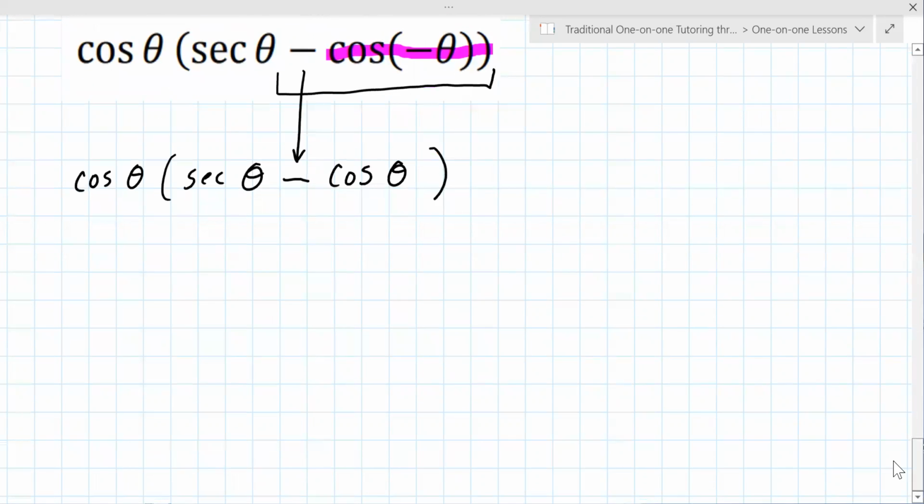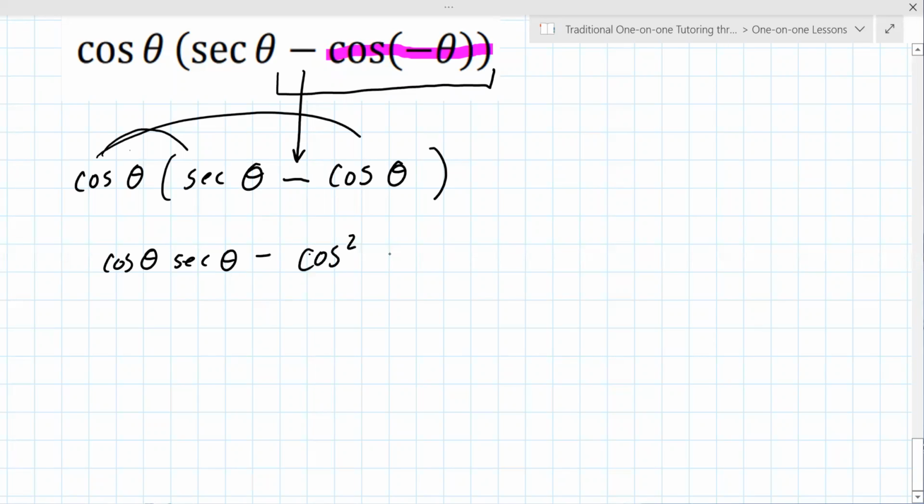All right, now the next thing to do is to distribute this cosine theta to both of these terms. So this becomes cosine theta secant theta minus, do you remember from class when you take a cosine and multiply it by itself, what does that become? It stays the same, so it ends up being cosine squared theta.